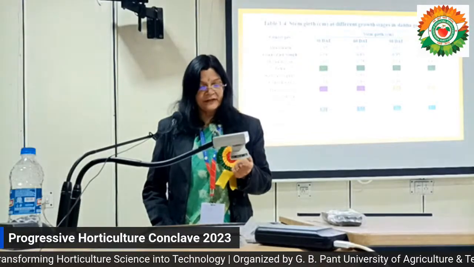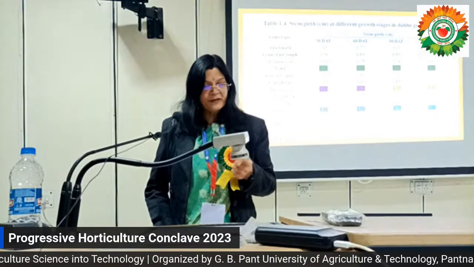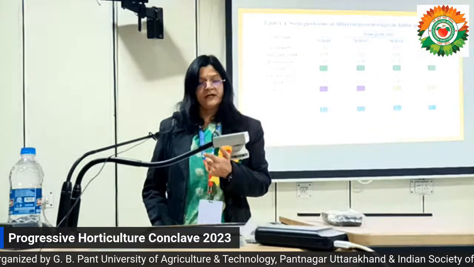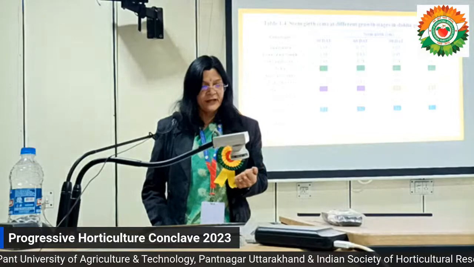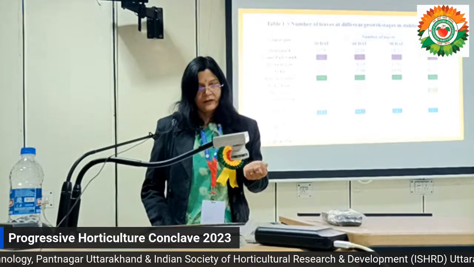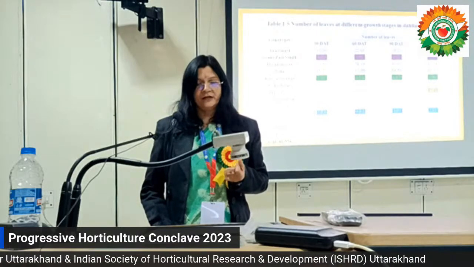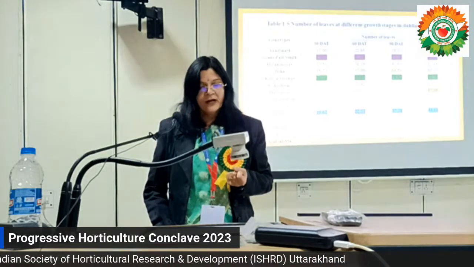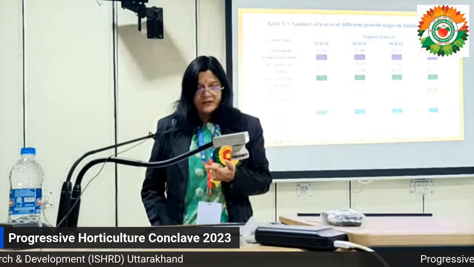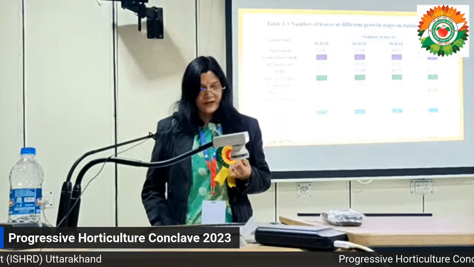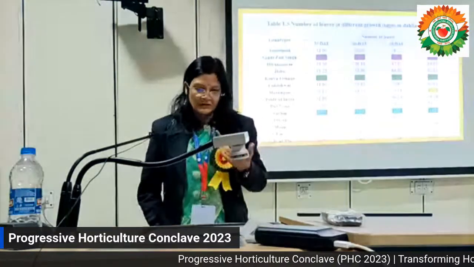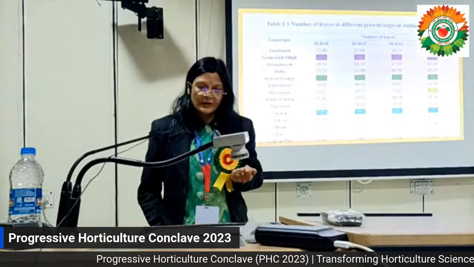Stem girth was maximum in Jishu at 30, 60 and 90 days after transplanting, and Sachin was the least. Number of leaves was maximum in Kenya orange at all stages after transplanting, and Sachin had the least number of leaves.